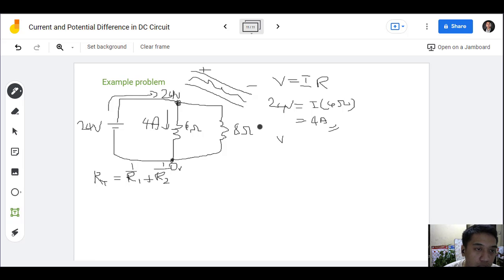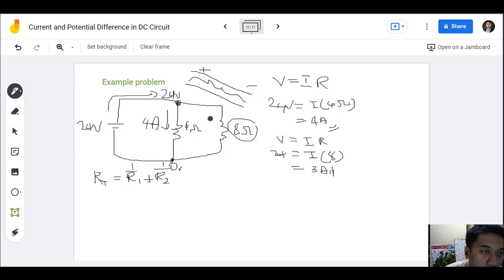So, i-check naman natin yung current na dumadaloy sa 8 ohms na resistor. So, we will use the same formula. V is equals to I times R. So, 24 equals the unknown current times 8. That will become 24 divided by 8 is equals to 3 amps. No?